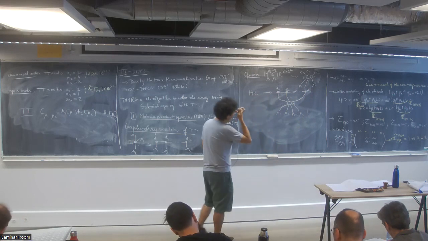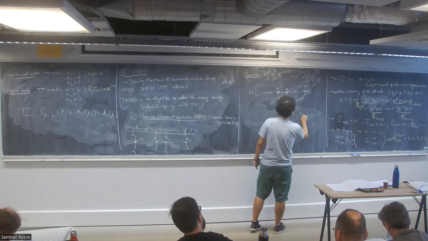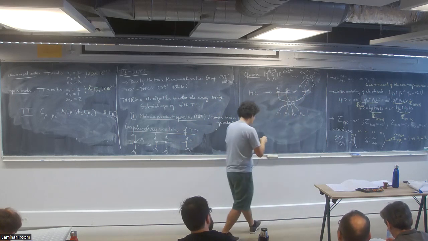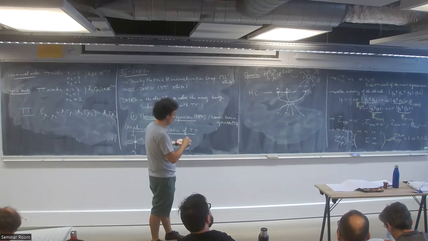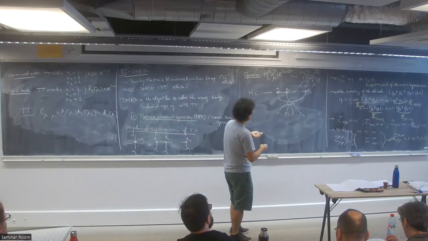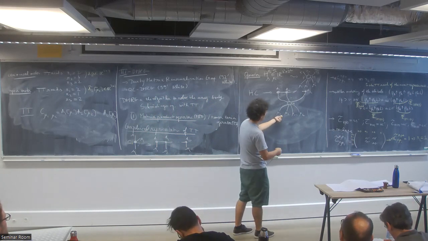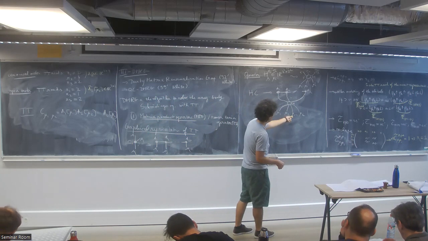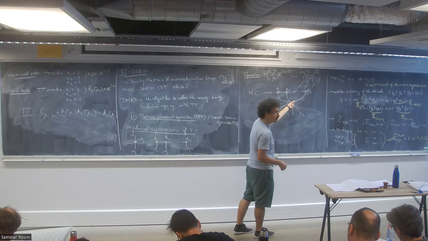Okay. And by looking at this drawing, you realize that if you have to do that for every index, for all the indices mu, and you have to sum over all the nus here.